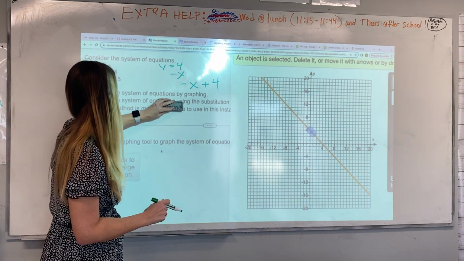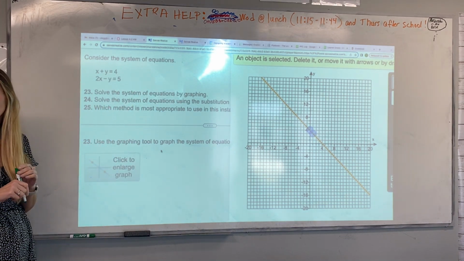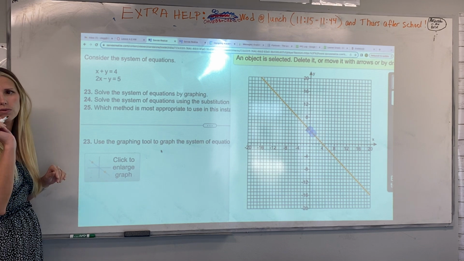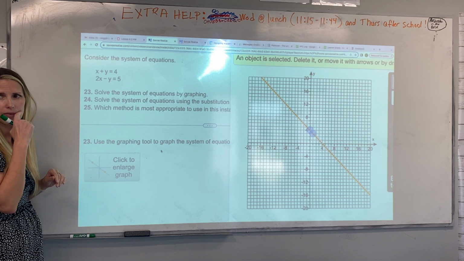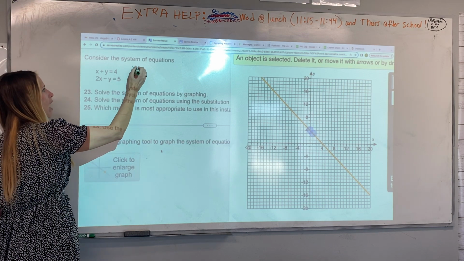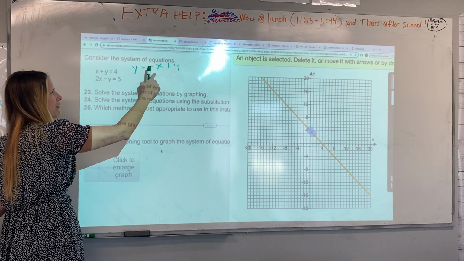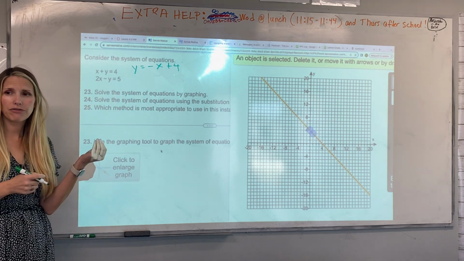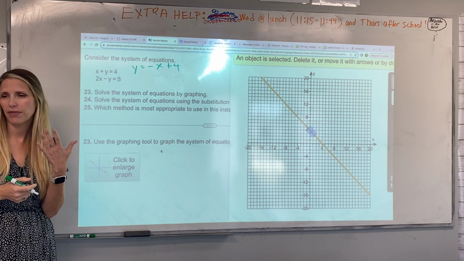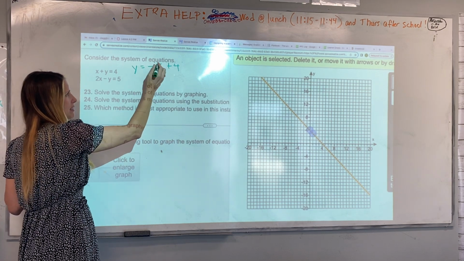Now I have to do my next line, and I have to get that one into slope-intercept form. I don't get how you did that. What, the negative? Yeah. So y equals negative x plus 4. If you don't see a number in front of x, that means there's a 1 there. It's just invisible, and if you see a negative, it means it's a negative 1.